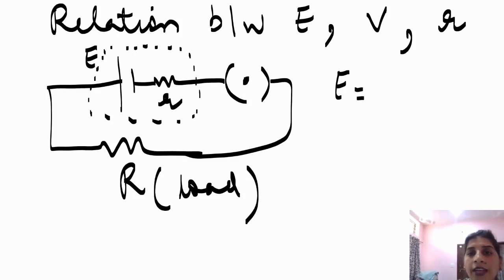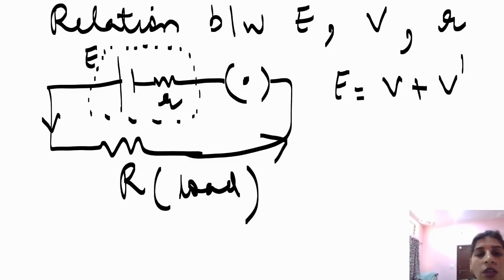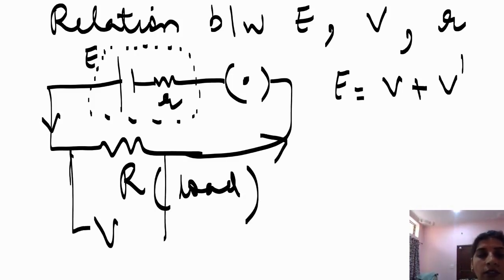When I is not 0, then E is equal to V plus V dash. What is V? V is the potential difference across this external resistance when current flows. This is called V. Okay. And V dash is the potential across the small internal resistance.